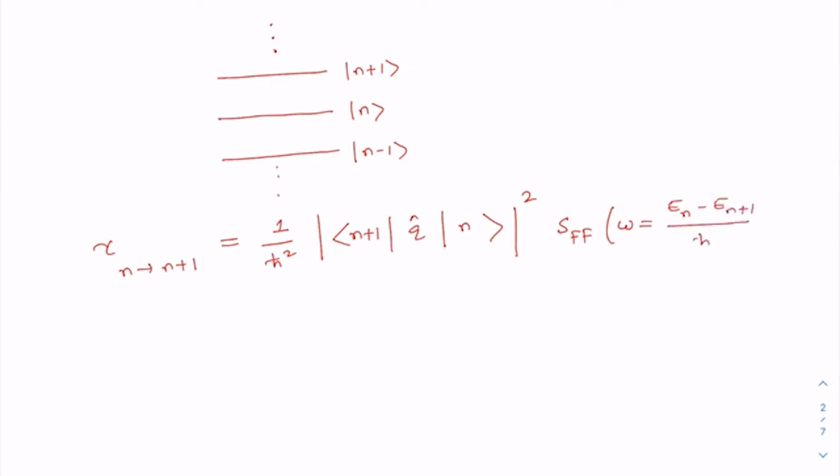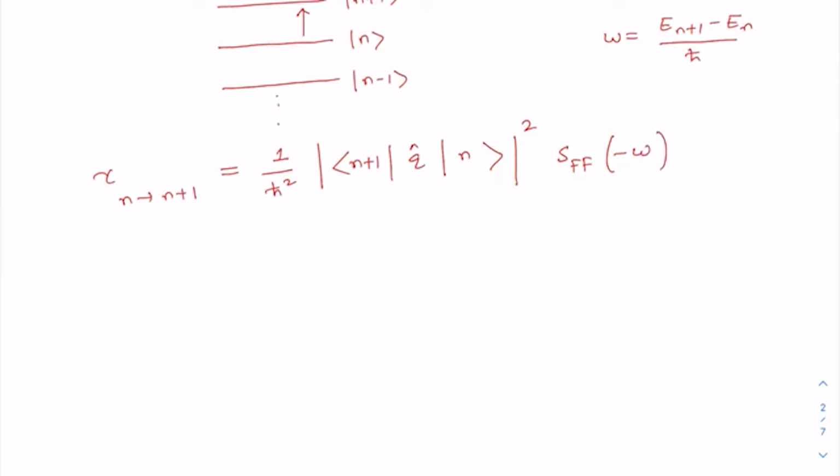Because I am taking positive omega as per my definition, and here we are going in the upward direction, from the lower energy state to the higher energy state, clearly I will write it simply as minus omega. I hope you get the idea here.